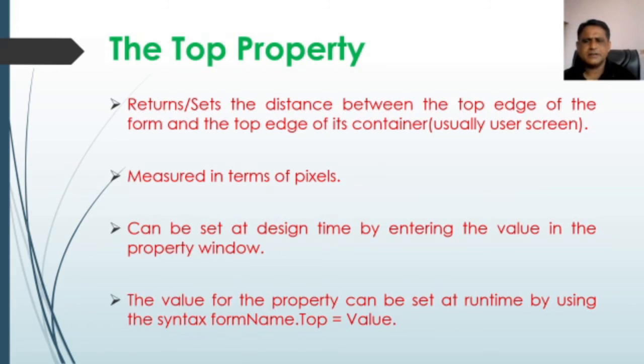Again this is measured in terms of pixels, and this can also be changed by using the scale mode property. The units you have set in the scale mode property are the units by which both top and left properties are specified. It can be set at design time by entering the value in the property window, and at runtime by using the syntax form name dot top equals value.